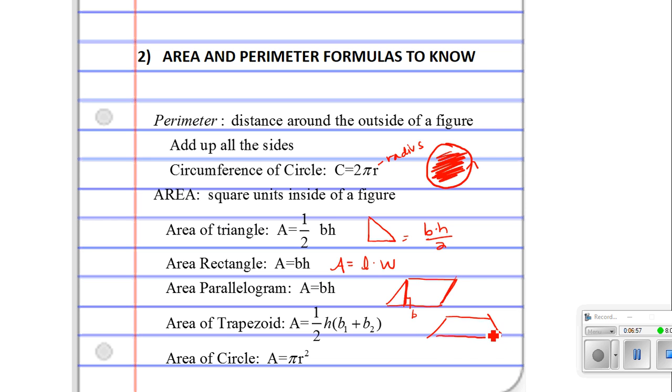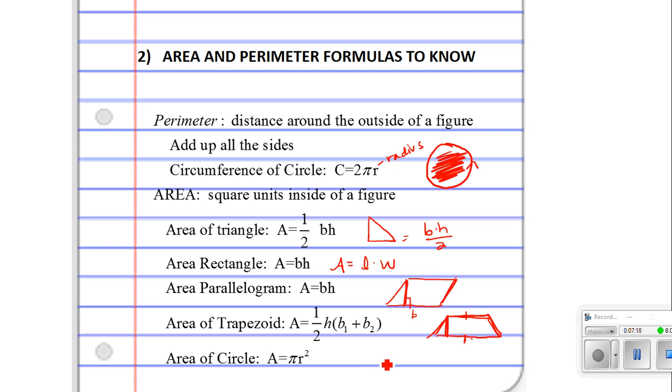Now your bases are going to be the sides that are parallel, not the sides that come in. So it's base 1 plus base 2, the average of those bases is what some teachers say, times the height, or you can say half the height times base 1 plus base 2, same thing.